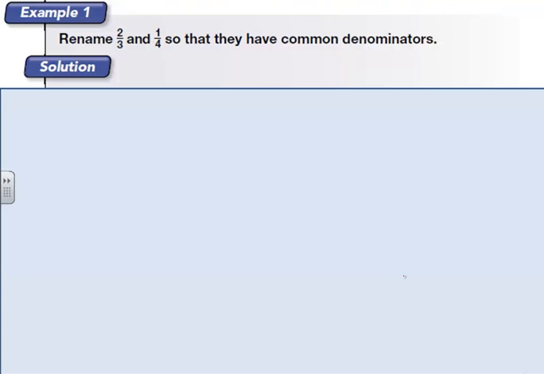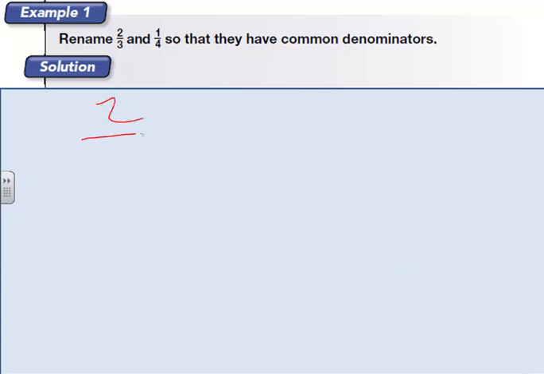Rename 2/3 and 1/4 so that they have common denominators. First thing you need to do here is determine the smallest number that both 3 and 4 go into. A lot of times that's going to be the number that they multiply into, and 3 times 4 equals 12. But that's not always true. But in this case here, I believe that it is. That's going to be our smallest denominator.